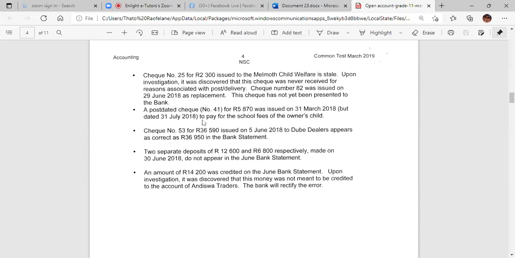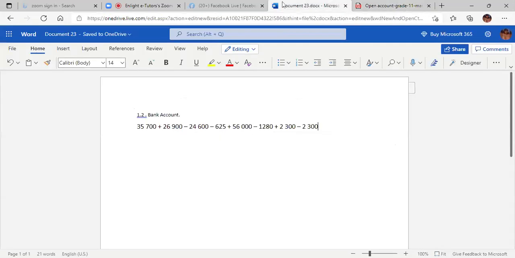How do we account for a post-dated check? It was issued on the 31st of March, but dated 31 July 2018. We are not going to account for this money until the 31st of July 2018. So we are not going to have any record here because we are accounting for the 30th of June 2018.